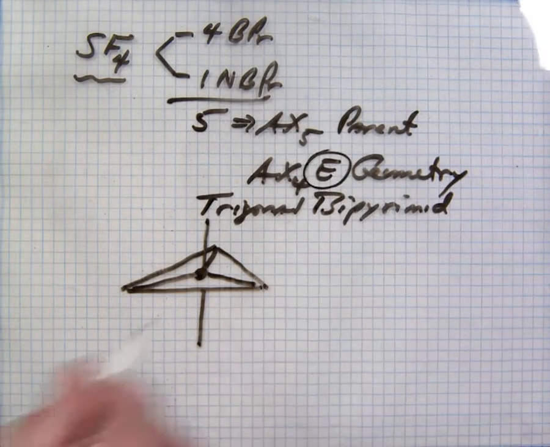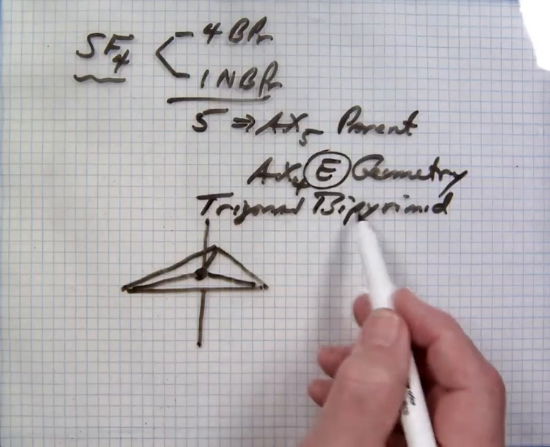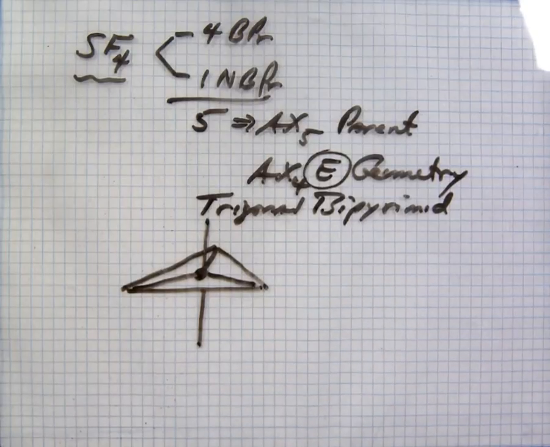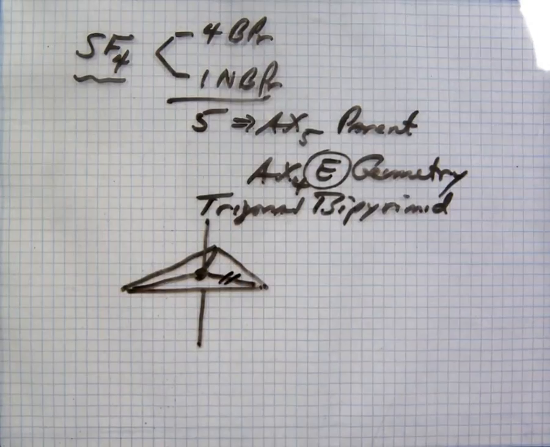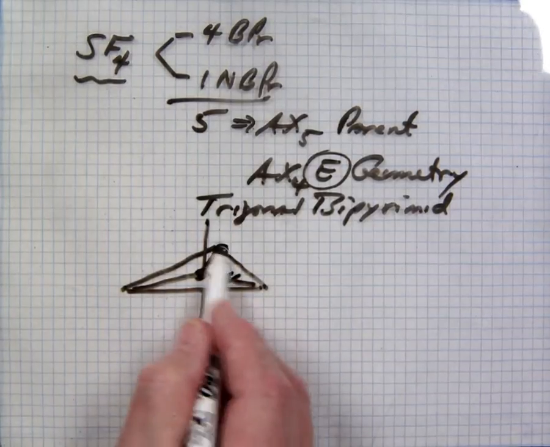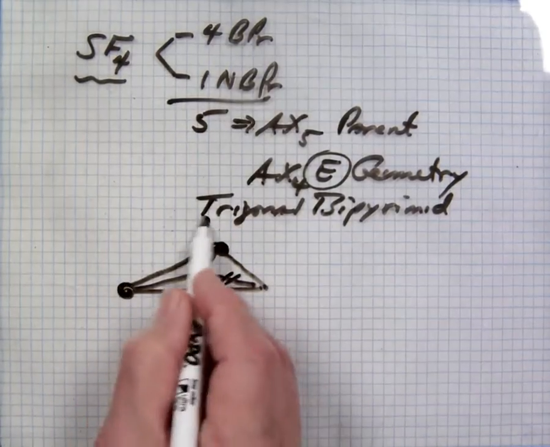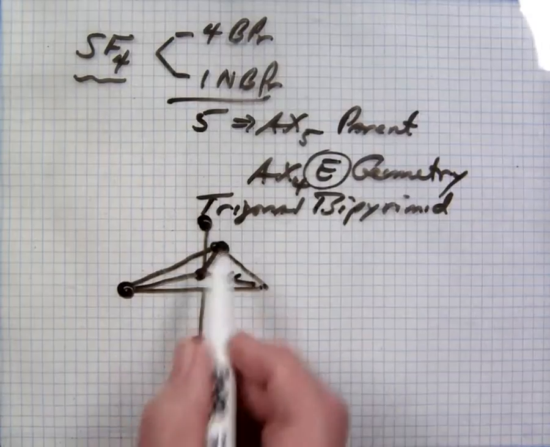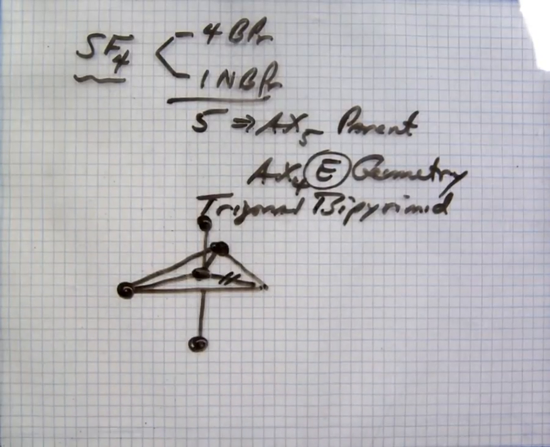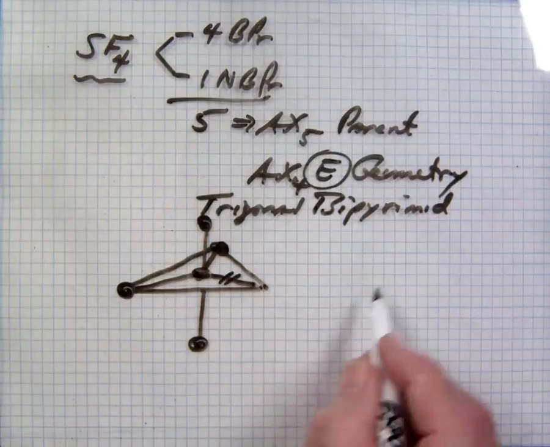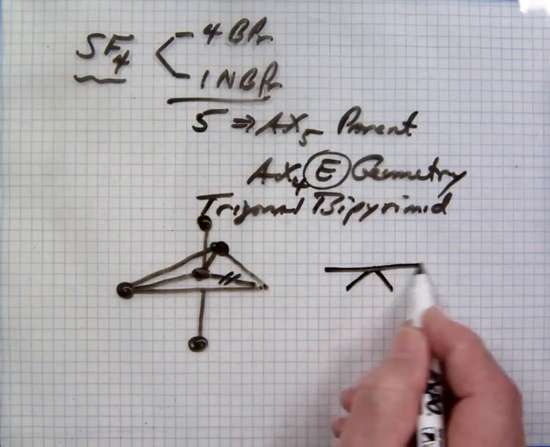But the electrons, when you're working with a trigonal bipyramid, instead of entering above and below the plane, you recall we put the first ones into the plane and then attach everything around the central element right here, which was in this case sulfur, and then you have your fluorides here, and this becomes a seesaw.